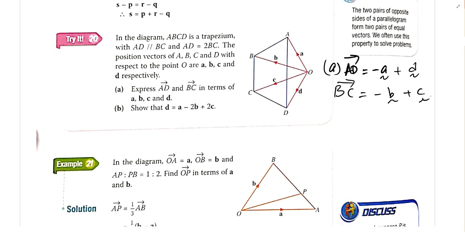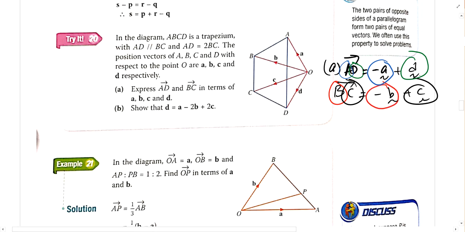Do you notice a pattern? If I want, for example, A, D, then my answer will be negative A plus D. If I want B, C, then my answer will be negative B plus C. Have you discovered this yourself?